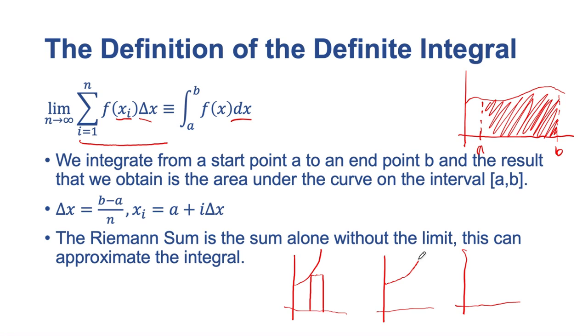I can have the midpoint case, which we'll talk about in the next video, where it touches in the middle of the rectangle. And then I can also have the right-hand case, where the rectangle touches the function on the right-hand side. So those are three cases, and you can see that these will give us different values, because some overlap the function, some don't cover the function enough. We've got a lot of differences in there.